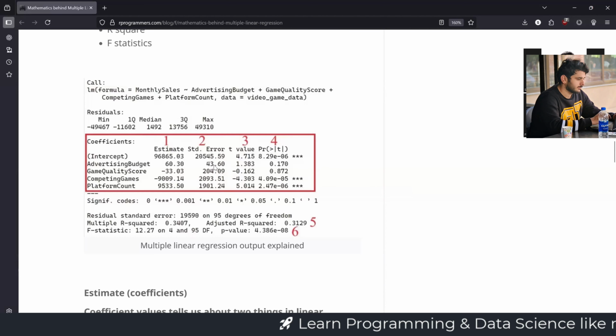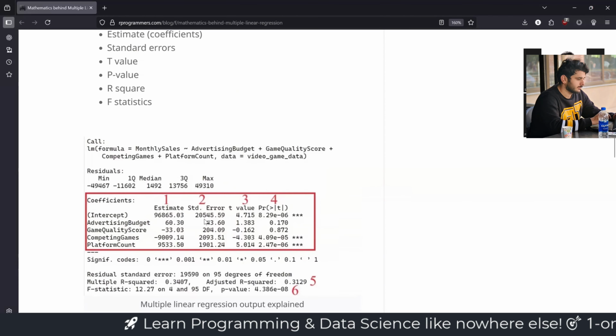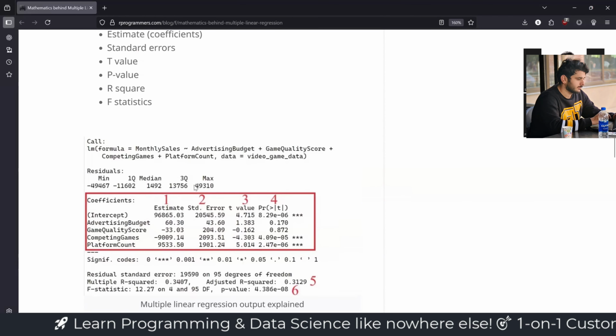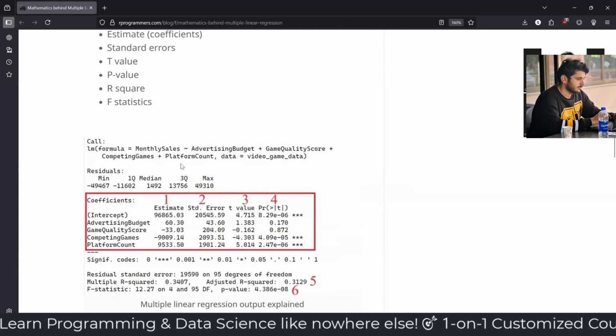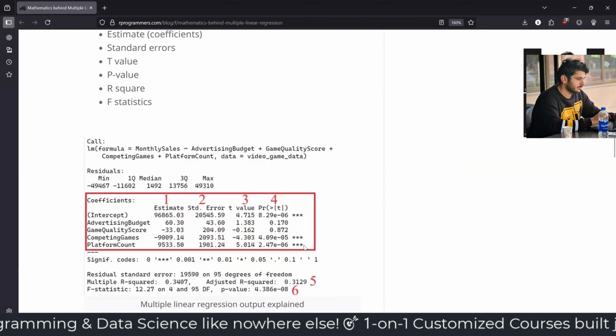So competing games is related with our monthly sales. This is just an example on a dummy data set, but when we're working in the real world, we will see that our results make a lot more sense. And platform count, like if we have more platforms, we will get more sales, is also statistically significant.